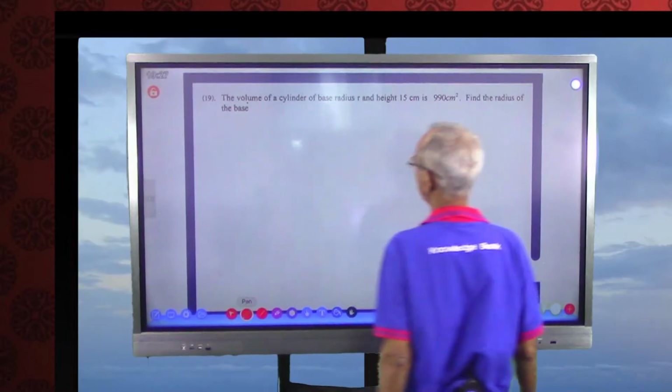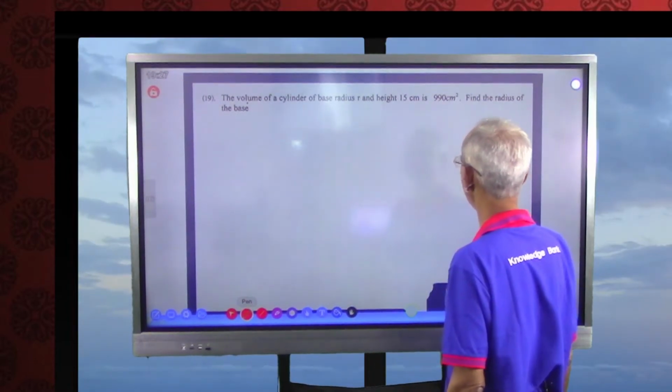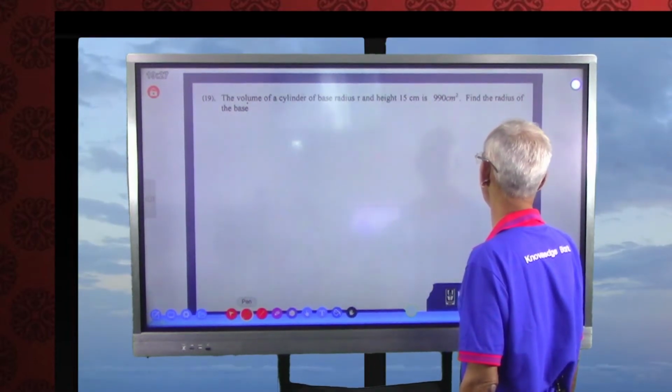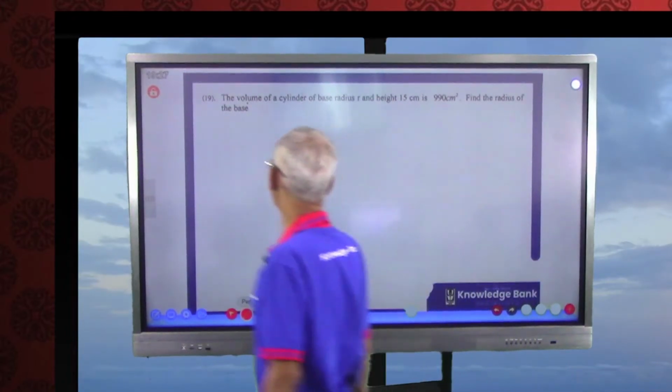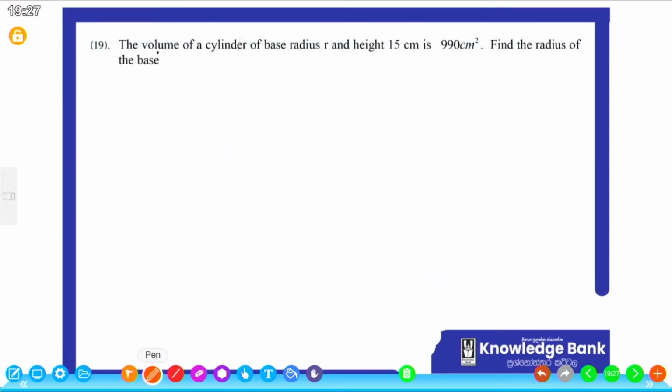The volume of a cylinder of base radius r and height 15 centimeters is 990 square centimeters. Find the radius of the base. Here there is a mistake in this question. It should be curved surface area of a cylinder, not volume.